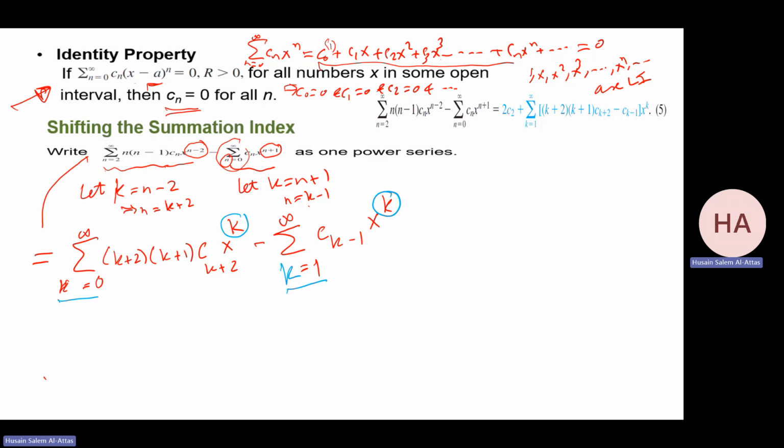If k equals 0, what do you have? You have 2 times 1 times C2, x to the power 0, plus the remaining. Since I used k equal 0, the next one will be k equal 1. The rest is the same.